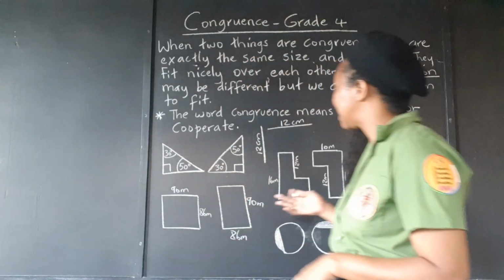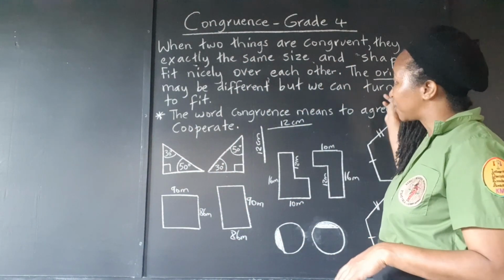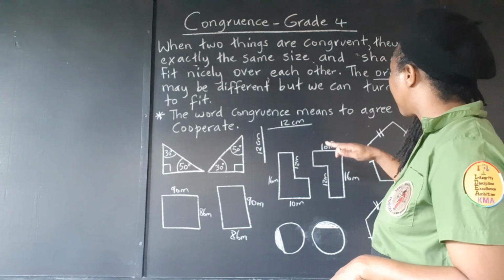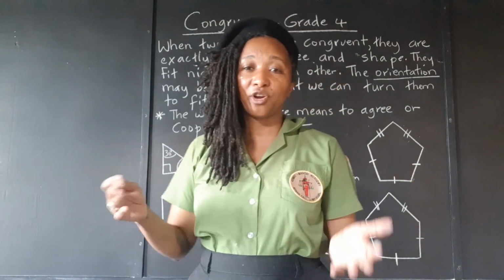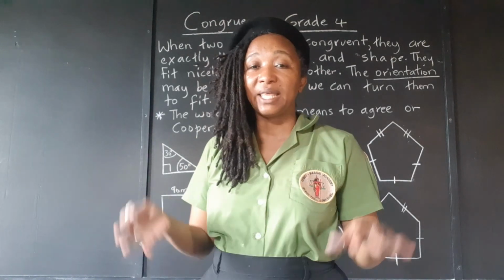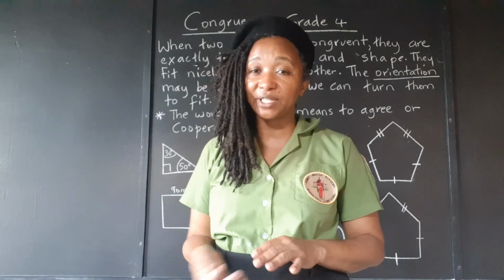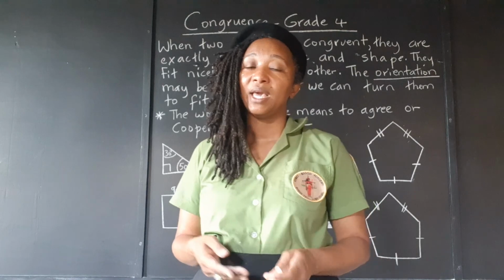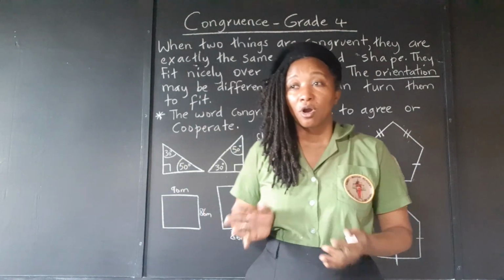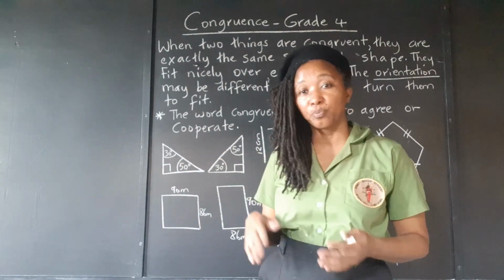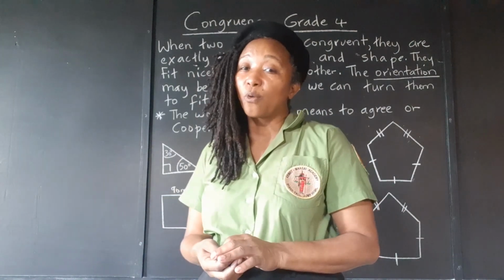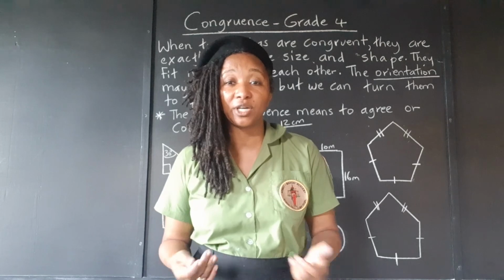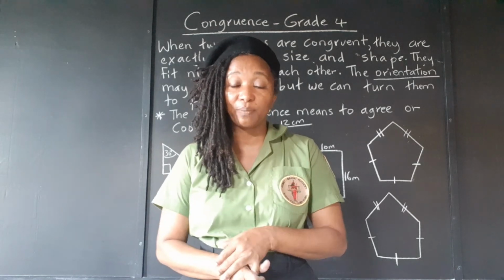Now this says the orientation can be different, but we can turn the objects, and in turning them we will see that they would fit over each other. We can actually cut them out to prove that they would fit exactly over each other, or we can look for other clues such as the measurement of the angles.